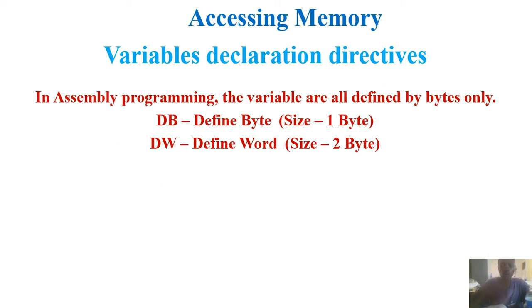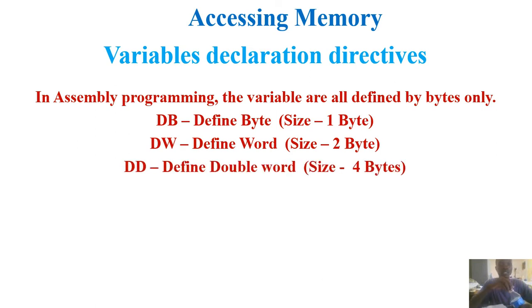So if you want to declare a double word, that is 4 bytes, you say define D or DD. You say define double word. I will try to go slowly so that you understand what I'm going to explain or describe in this lecture. So that's it on DD.